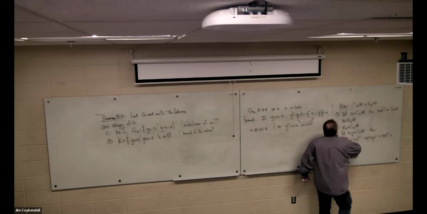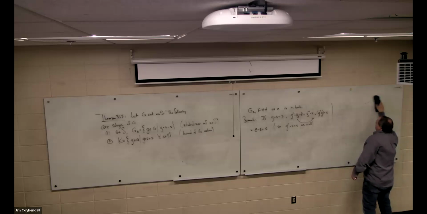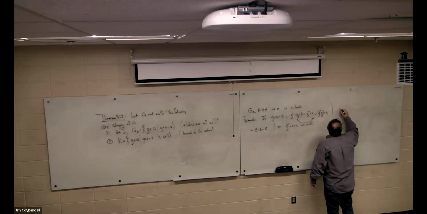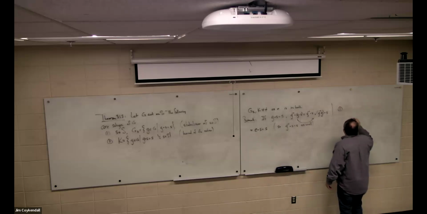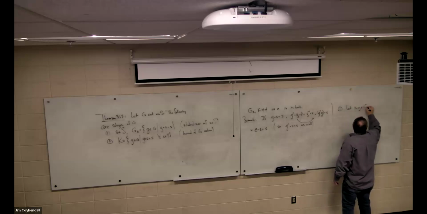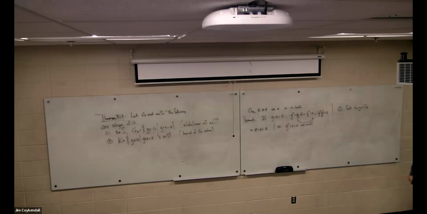So let's get to the business of showing that GS and K are subgroups. Number one, let X, Y be in GS. So remember, I already know that GS is not empty. I've made that remark up there.